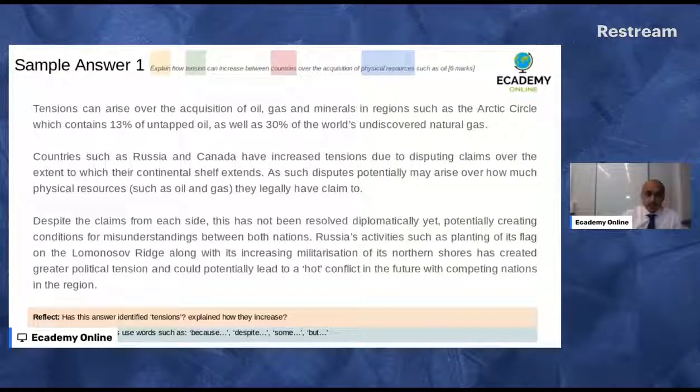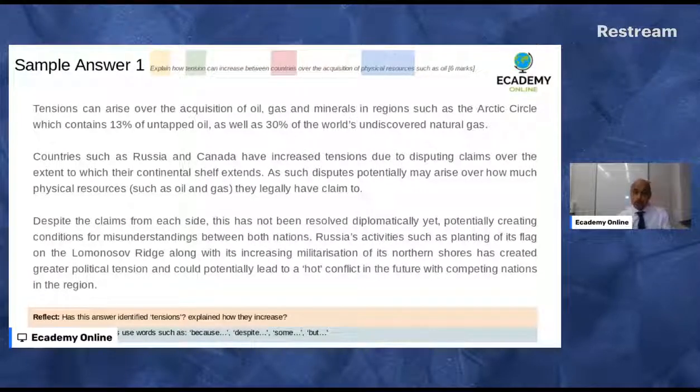Now, the good thing about the second paragraph is that it talks about how the conflict can arise, right? Because they've got disputing claims over the extent to which their continental shelf extends. That's clearly identifying how the tensions can increase between them. As such, disputes potentially may arise over how much physical resources, such as oil and gas, they legally have claim to.